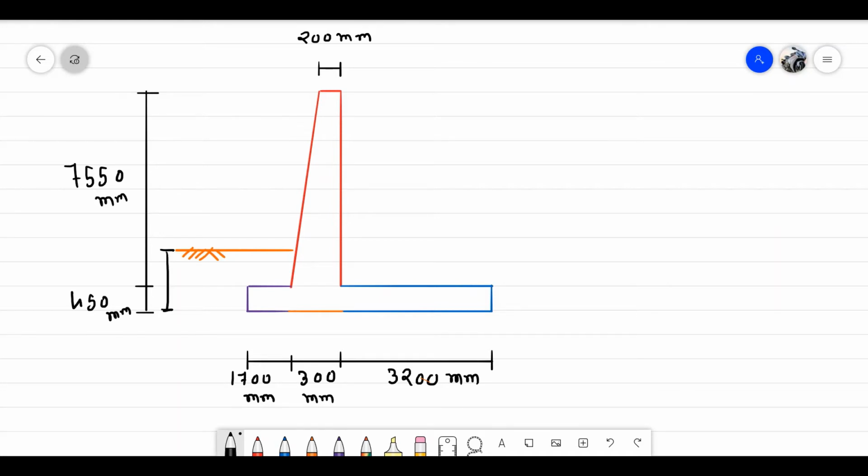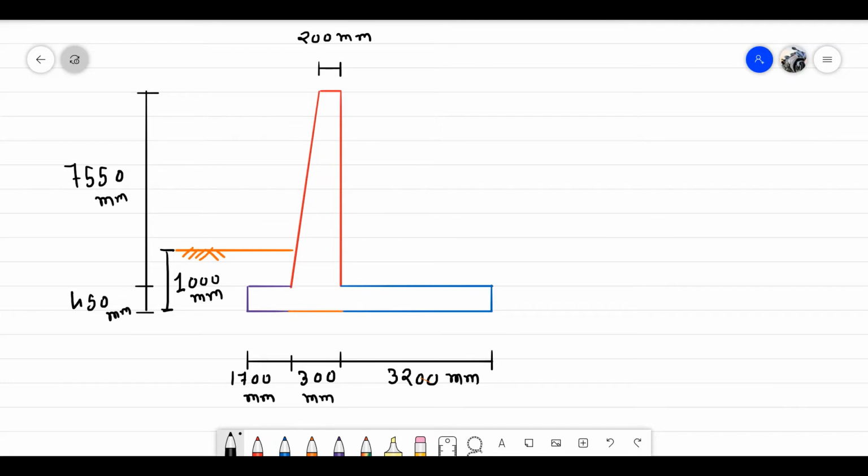This foundation height is 1 meter. So this 1 meter height will affect the toe slab. So we have to calculate all the loads which affect the retaining wall, right?